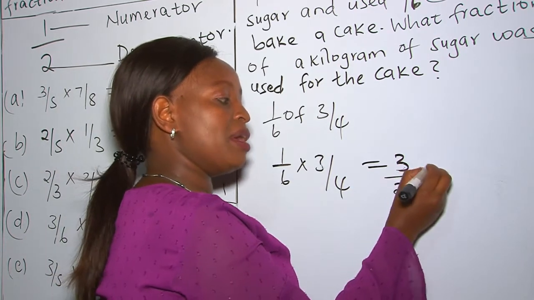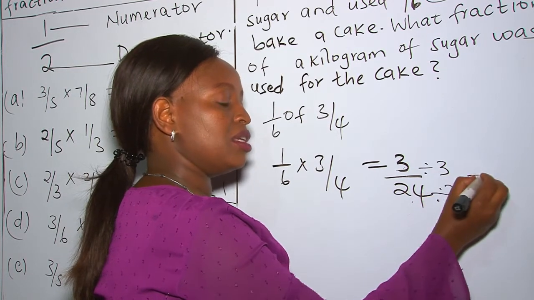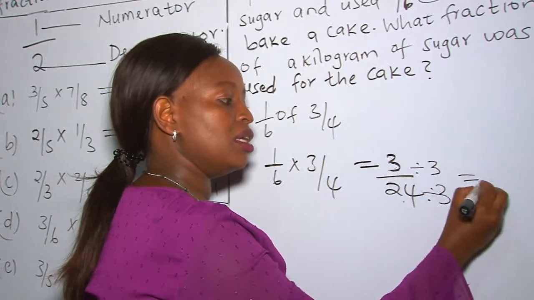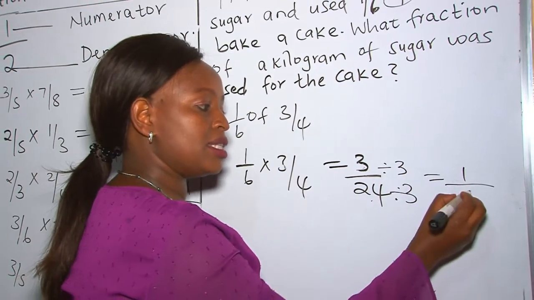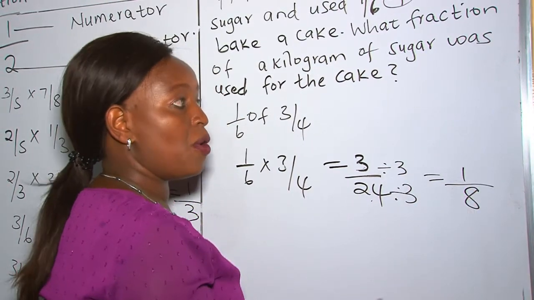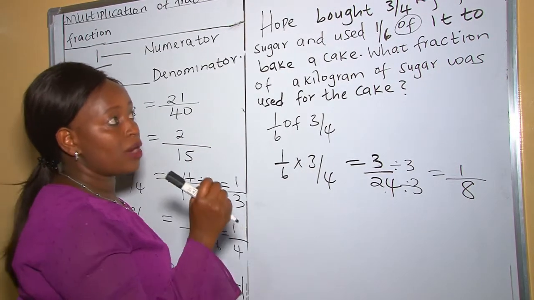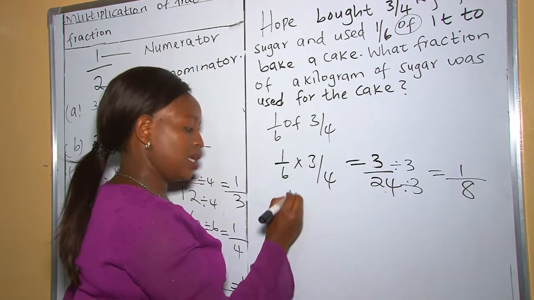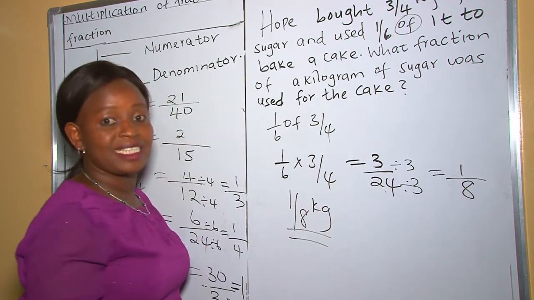So let's divide the numerator by 3 and also the denominator by 3. 3 divided by 3 is 1. 24 divided by 3 is 8. And therefore, our answer is an eighth of a kilogram. So she used 1/8 kilogram in baking that cake.